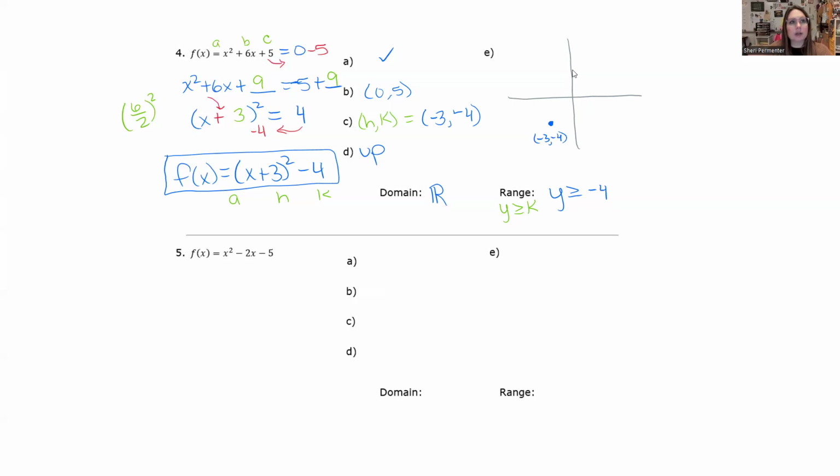Okay, up here at 5 I put a point for my y-intercept. All right, so I am just going to make my graph that goes through both the vertex and the y-intercept. It's not perfect, it's a simple sketch. And just make sure you label your vertex and your y-intercept.